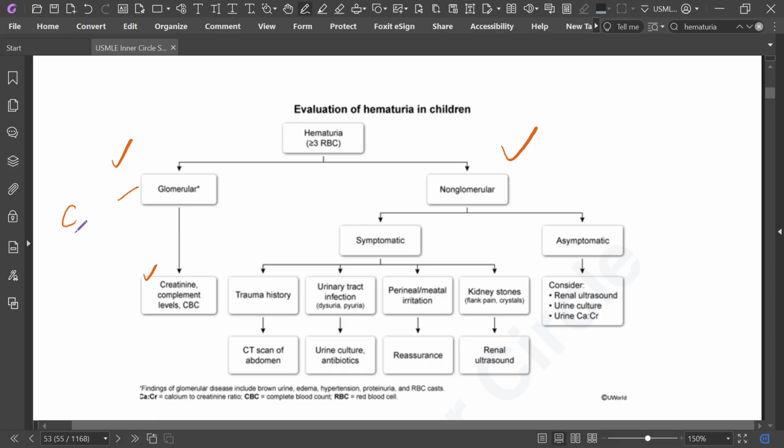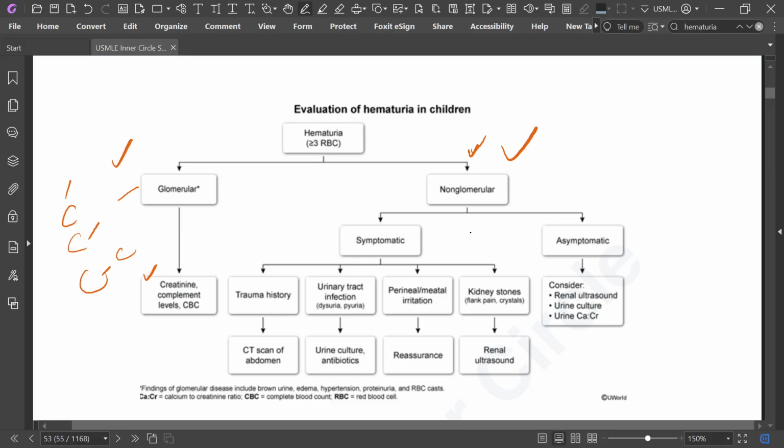How will you understand that it is glomerular? In glomerular hematuria there is brown urine, edema, most importantly hypertension, not massive proteinuria, but there are RBC casts. If these findings are found, then it is glomerular hematuria.